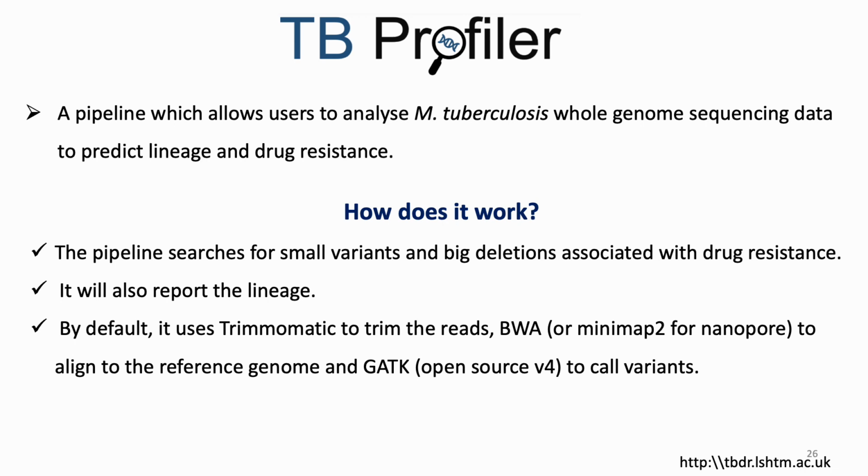And I'm sure that you have followed the previous webinars on how to analyze the sequence data, so you are already familiar with BWA and GATK and other tools that are used for the downstream analysis of the sequence data.